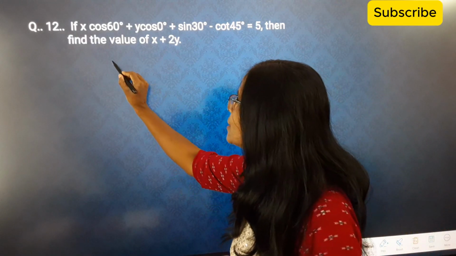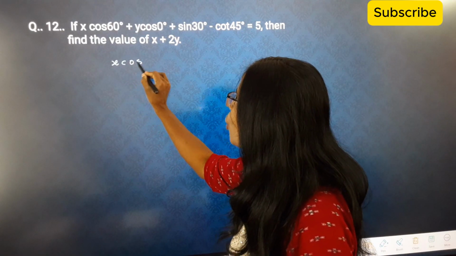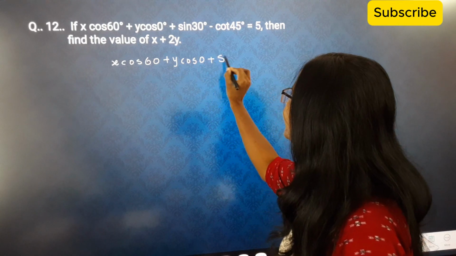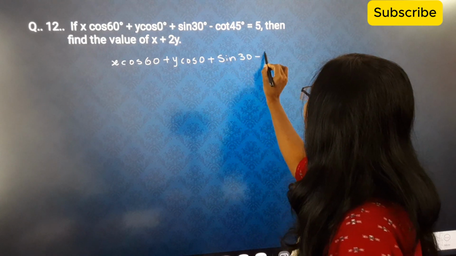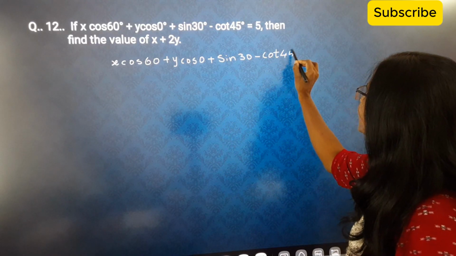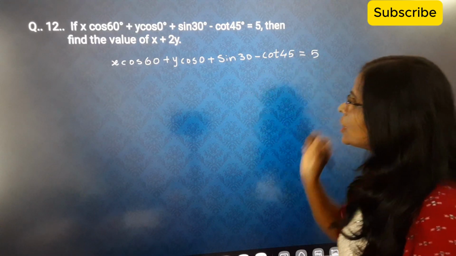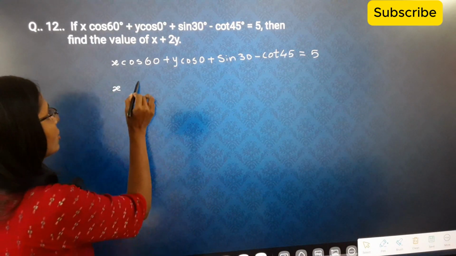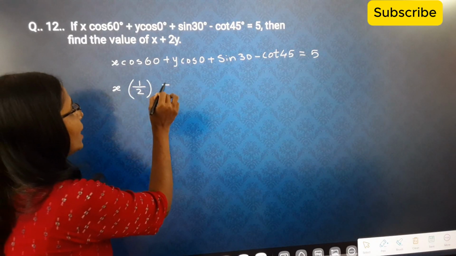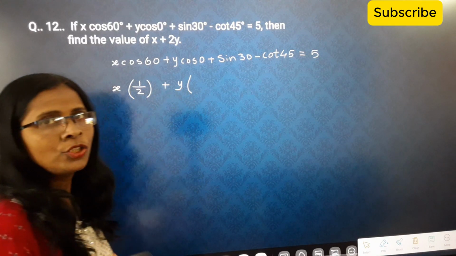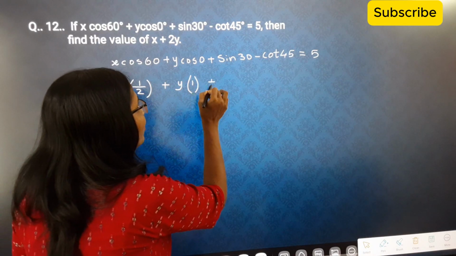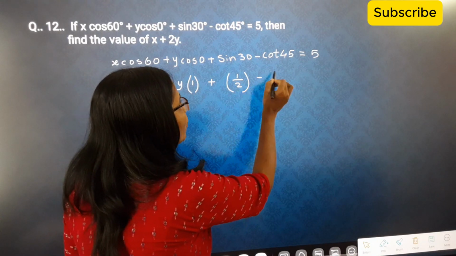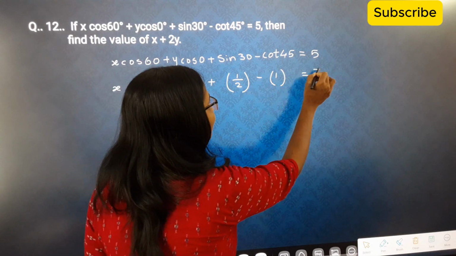So now here, students, the given is x cos 60 plus y cos 0 plus sin 30 minus cot 45 is equal to 5. So now here I write x. Now the value of cos 60 is 1 upon 2, then plus y cos 0, the value of cos 0 is 1, plus sin 30, 1 upon 2, minus cot 45, that is 1, which is equal to 5.